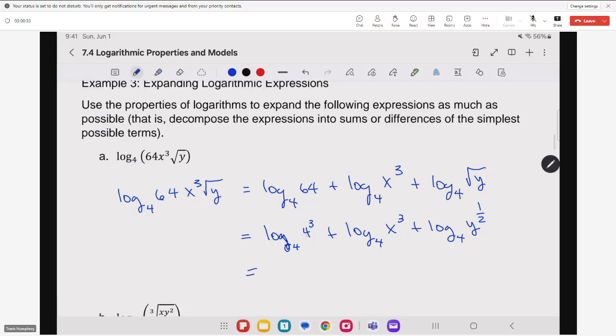Log base 4 of 4 to the third, using the property from the previous section, log base a of a to the x is equal to x. This turns into a 3. And then use the power rule to bring down the 3 in front of log base 4 of x. And again use the power rule to bring down the 1/2. And that gives me 1/2 log base 4 of y.